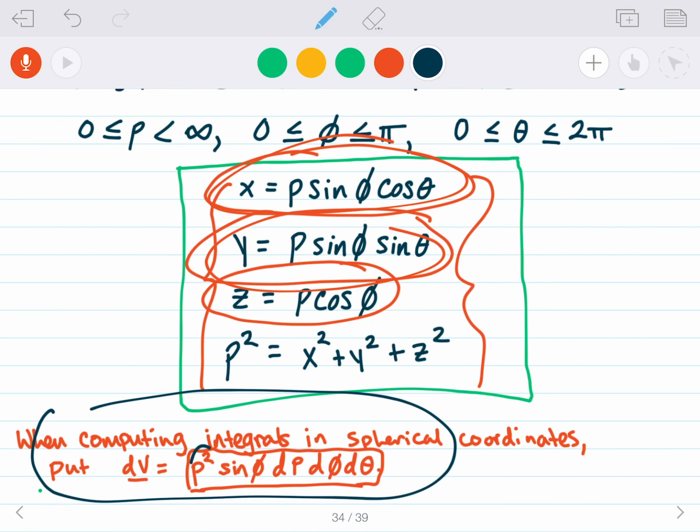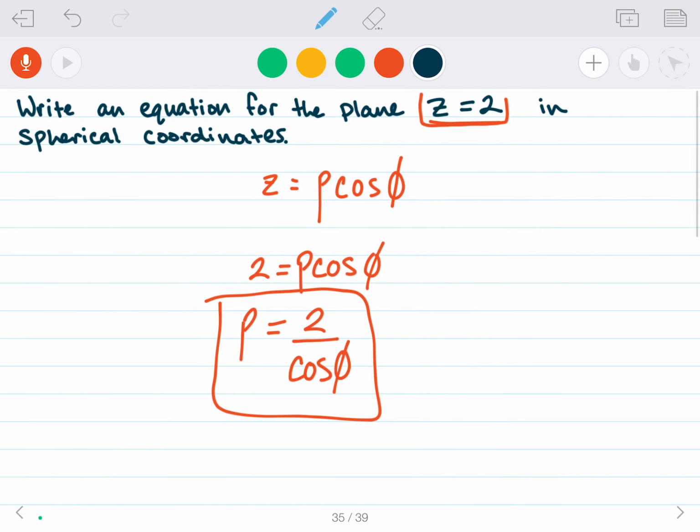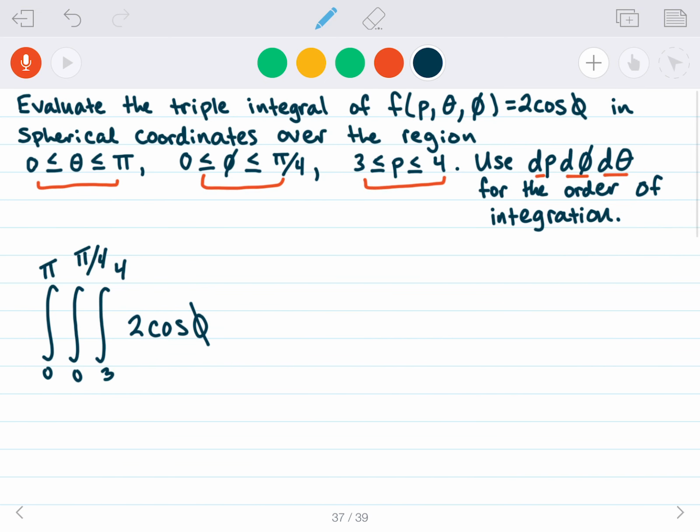We're going to tack on this rho squared sine phi. So I want to make sure I tack on the rho squared sine phi, and my order is d rho, d phi, d theta.